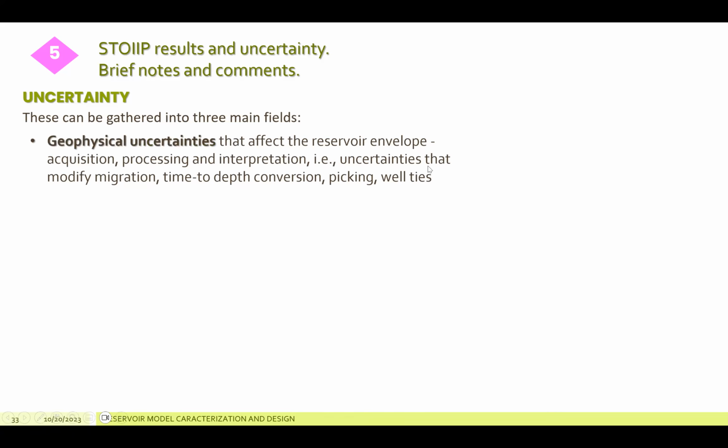But if you know that you are playing with the uncertainty, that's right, and you can continue. But you can have uncertainty in modifying the migration, in time depth conversion, in picking, in well ties. A lot of things in seismic where you can have uncertainty.